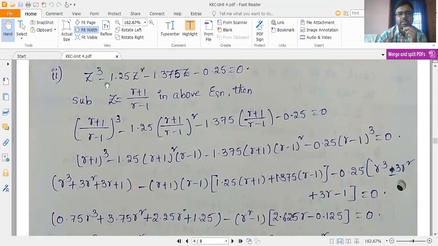In this one, the equation starts from z power 3. That means the order of the system is z cube, so you have to frame the RH criteria table.